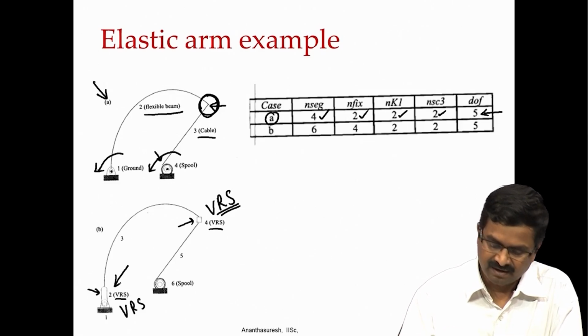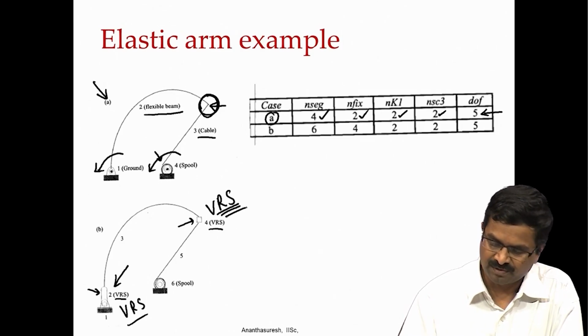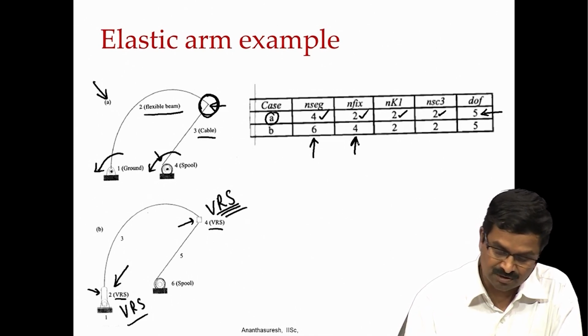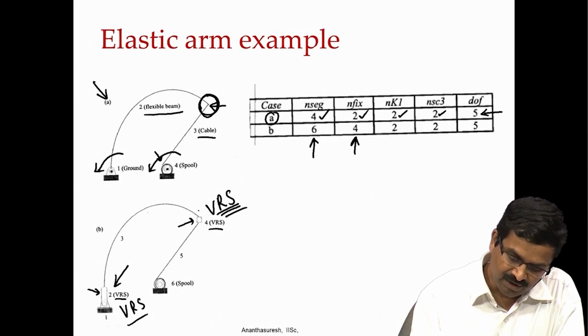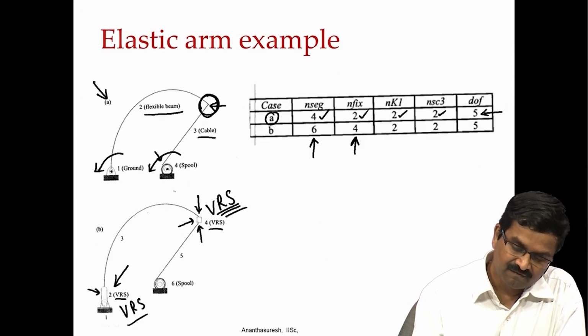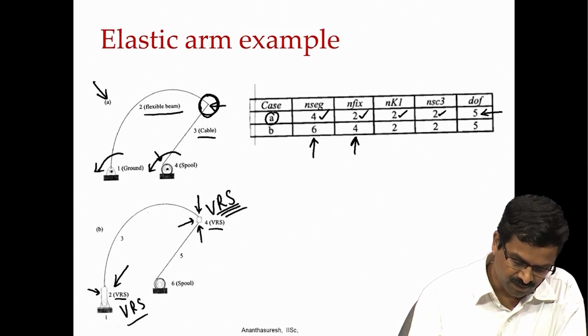If we do that, by adding this VRS over here and over here, the number of segments increases from 4 to 6. The number of fixed connections also goes up to 4, because we have 2 additional ones that come there and here, between the VRS and the flexible beam, and the VRS and the rope, the other ones over here.